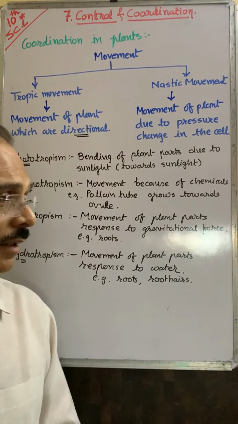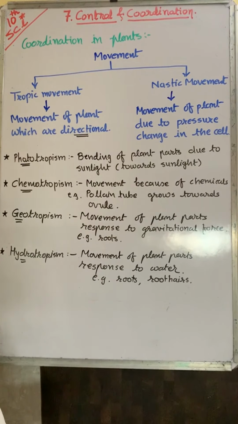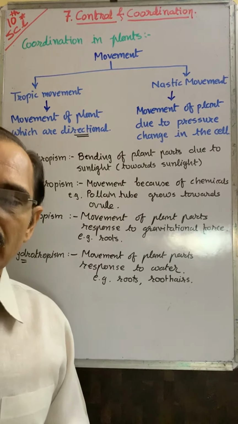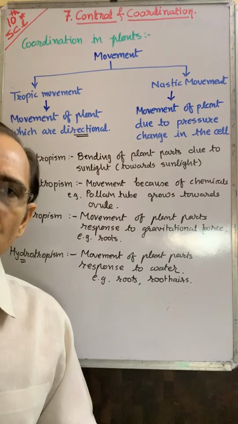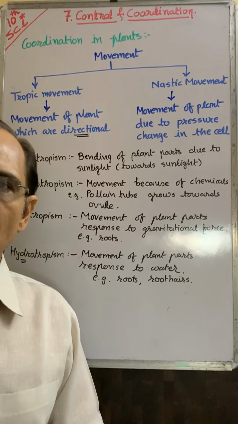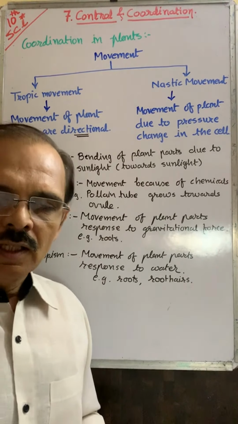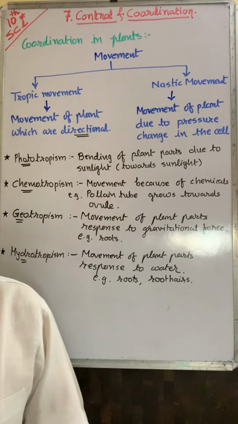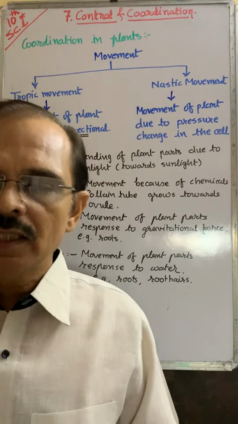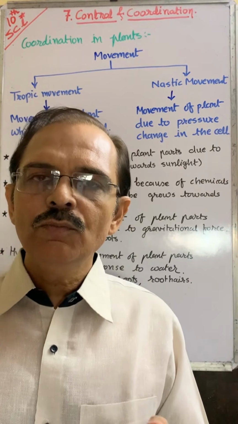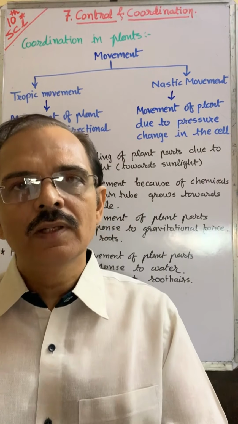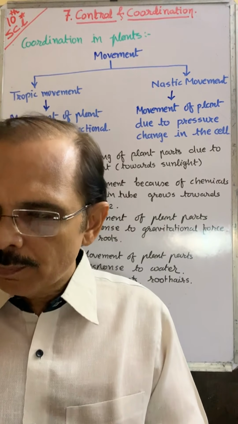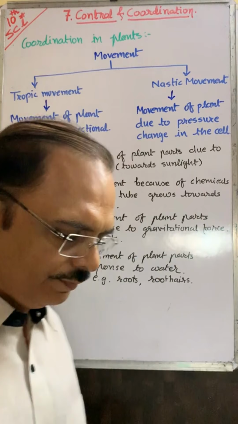Now, in phototropism, we said that it is because of sunlight, the bending of any plant parts towards the sunlight. When plant parts like leaves and stem move because of light, then we call it positive phototropism.